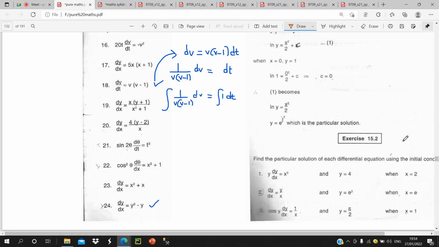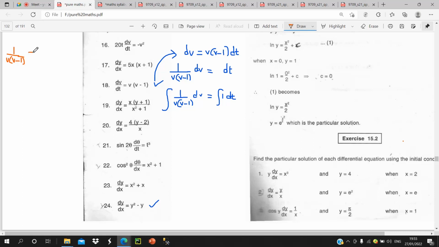Have we done integration using partial fractions? Yes, you have. So you have to partialize that. For us to integrate this, you have to partialize 1 over v(v minus 1).